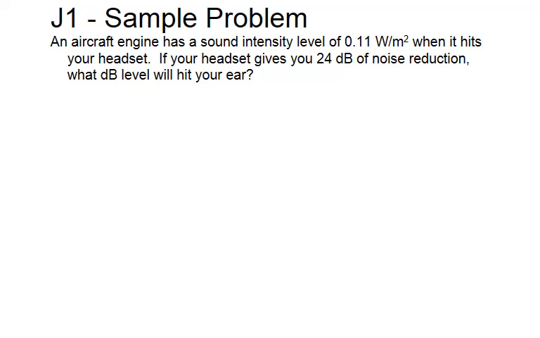We'll start with this one here. Let's say we have a jet engine, or just an aircraft engine, that has an intensity of 0.11 watts per meter squared, and it hits your headset. So if your headset gives you 24 decibels of noise reduction, what decibel level will you actually hear at your ear? So why don't you go ahead and try that using the equation that you just wrote down, and give that a shot. So go ahead and pause the clip and give this a try. Then when you're ready to check, you can hit play to continue.